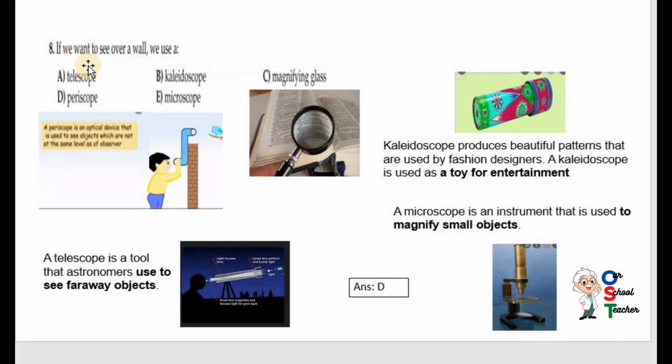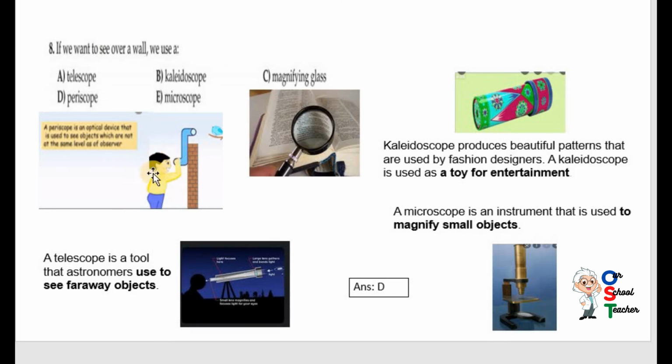Now question number 8. If we want to see over a wall, we use a telescope, periscope, kaleidoscope, microscope, or magnifying glass. You can see a magnifying glass magnifies the object. Periscope. Yes, periscope is an optical device that is used to see an object which is not at the same level as the observer.